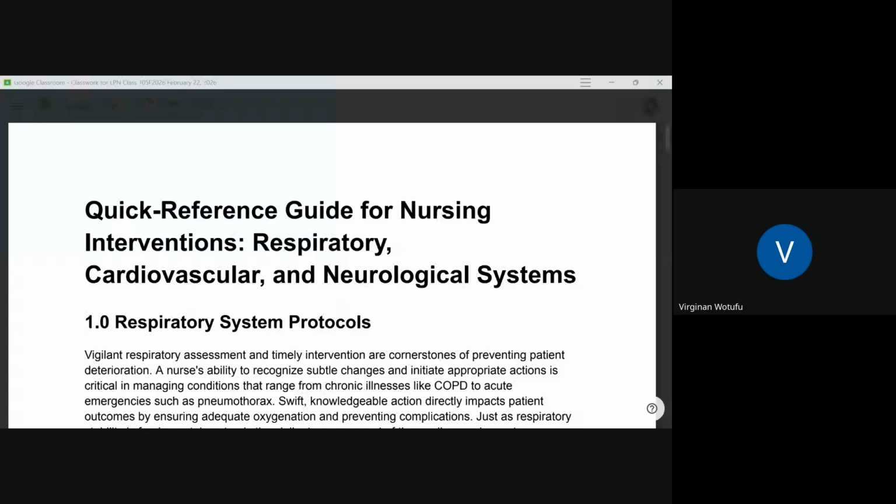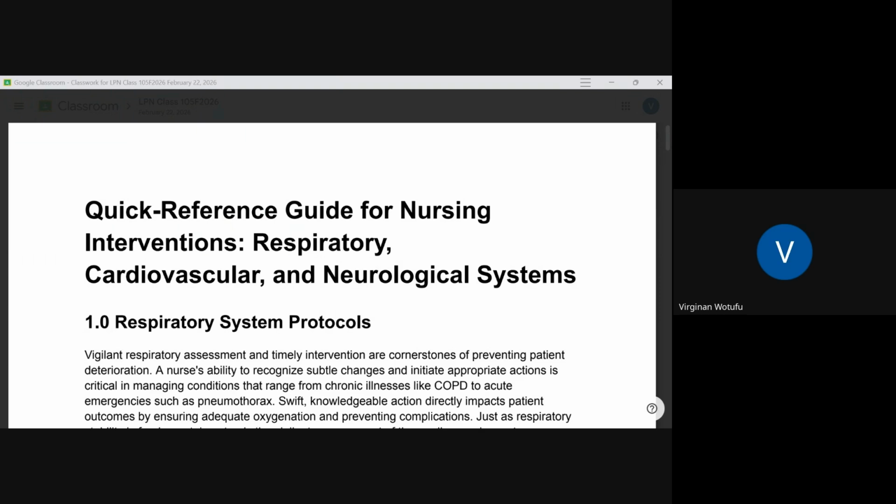After these assessments are done and we have identified some striking issues, like acute respiratory problems, we look at some key signs and symptoms associated with them. Among the acute respiratory problems, you have pneumonia, pneumothorax, and asthma exacerbation.